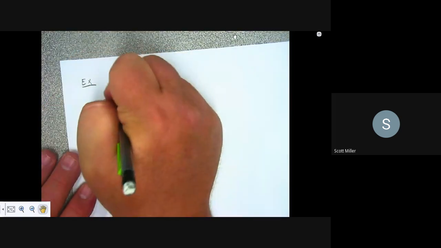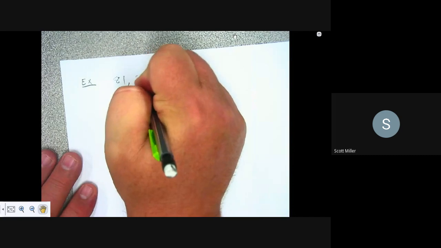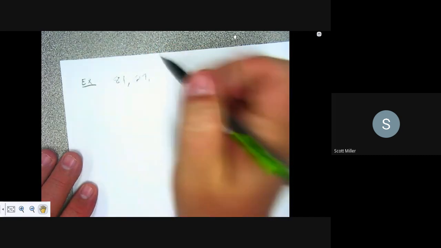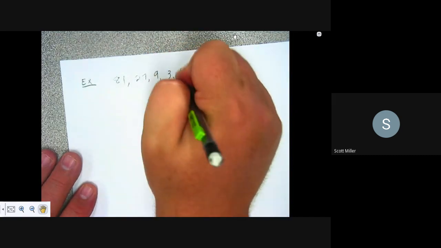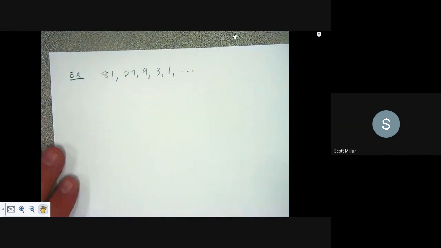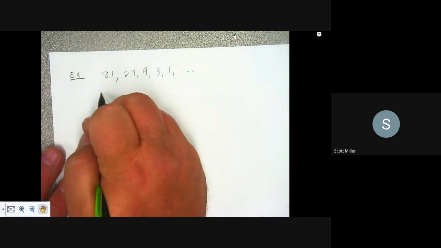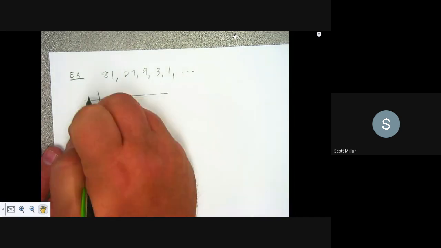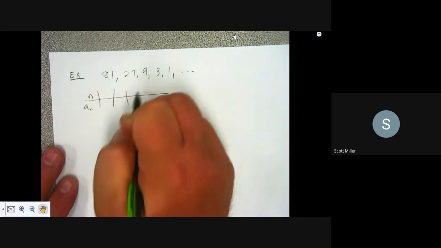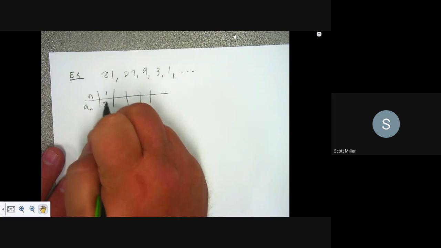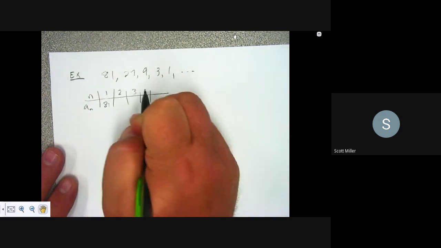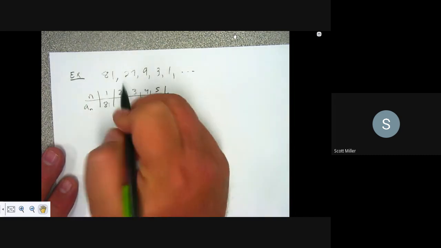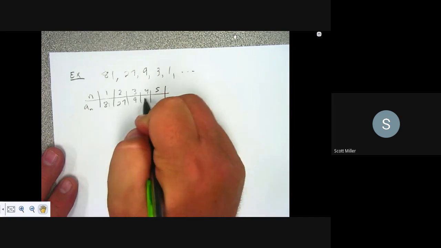And let's start with 81, 27, 9, 3, 1, and so forth. So we put it into a table. The first term is 81, then 27, 9, 3, 1.